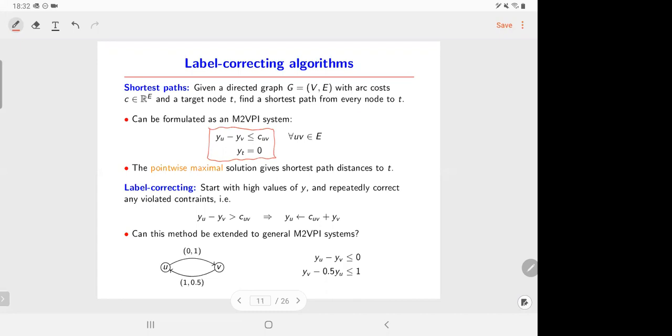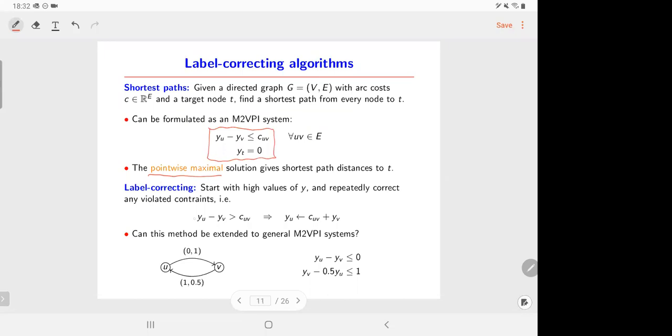And what Bellman-Ford does is you start with very high values of Y, and then you slowly run the propagating step to eventually converge to the shortest path labels. And these shortest path labels turn out to be the pointwise maximal solution of this monotone 2VPI system.